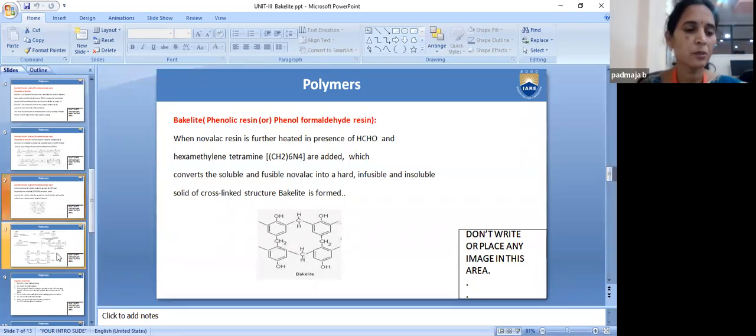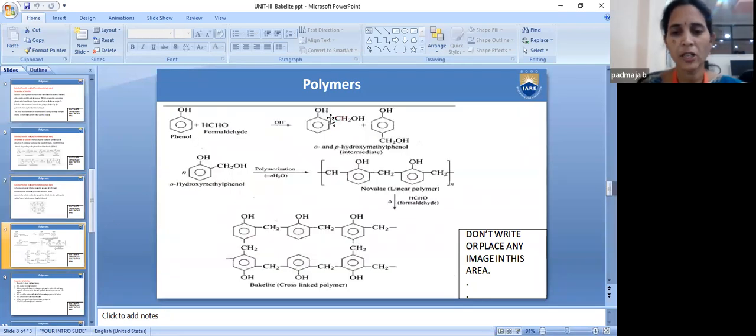So this is the preparation of Bakelite. Students, you have to write step 1, 2, and the third step. There are two to three steps in the preparation of Bakelite. So you have to learn this, clear, students?